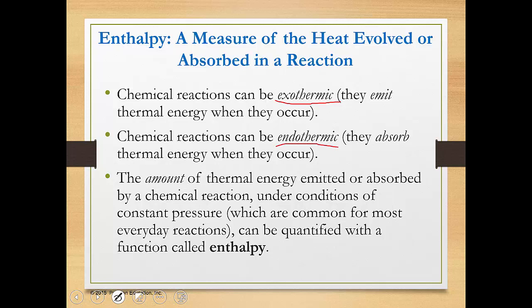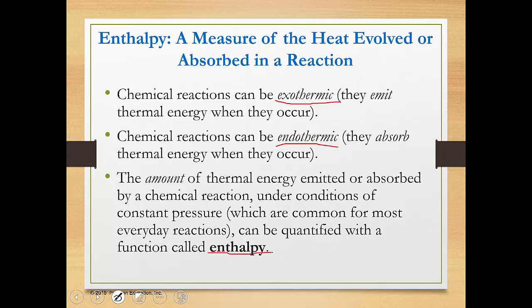We talked about them in general terms previously, but we can put a quantifiable amount on those reactions. So the amount of thermal energy or heat that's being emitted or absorbed by a chemical reaction, as long as you're under conditions of constant pressure, we can quantify that with a function called the enthalpy.